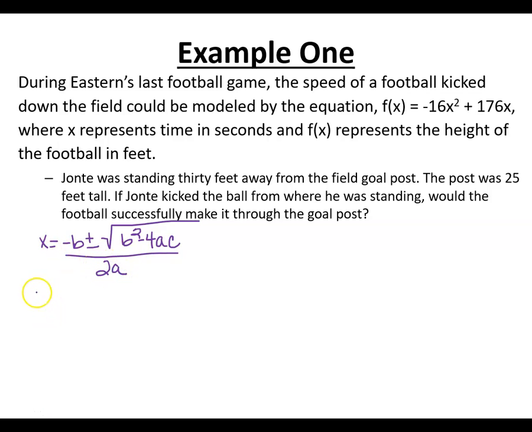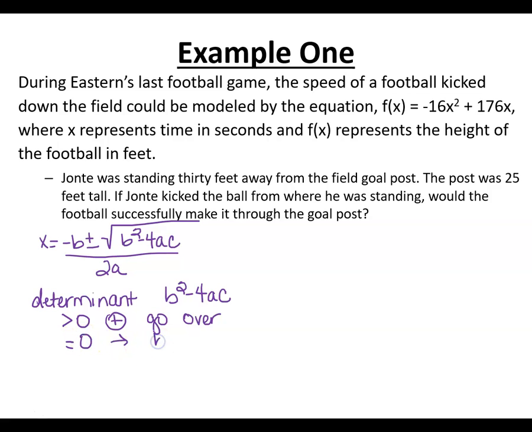The piece that we're going to use is called the discriminant, and that part is b squared minus 4ac. If the discriminant is greater than 0, which means that it's positive, it will go over the goalpost. If it's equal to 0, it will hit the goalpost. If it's less than 0, also known as negative, it will not go over.